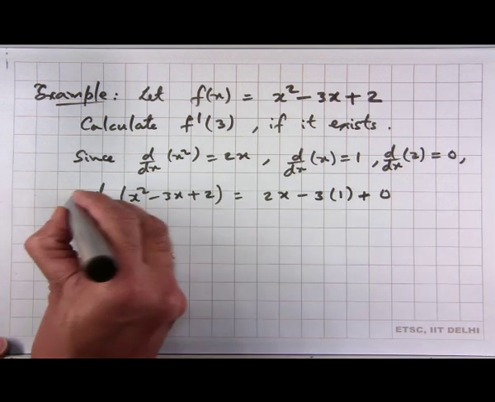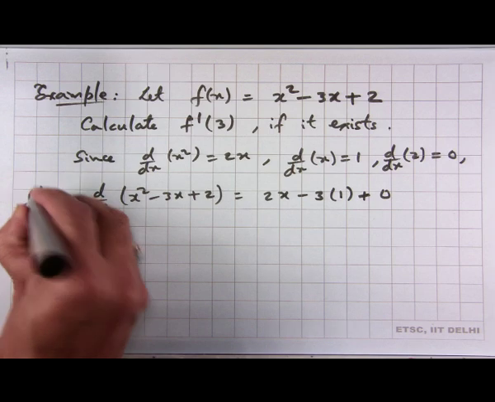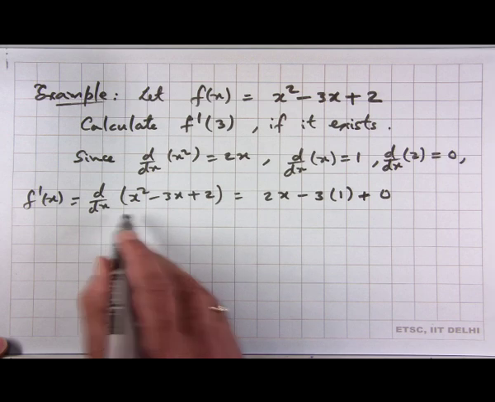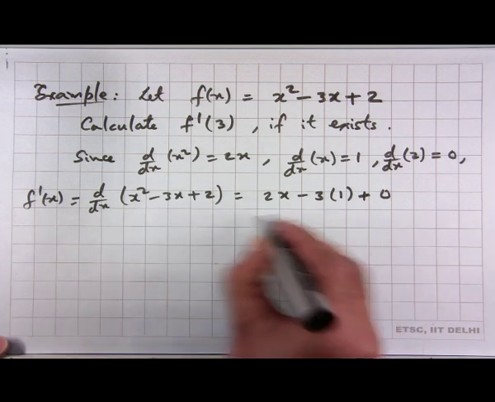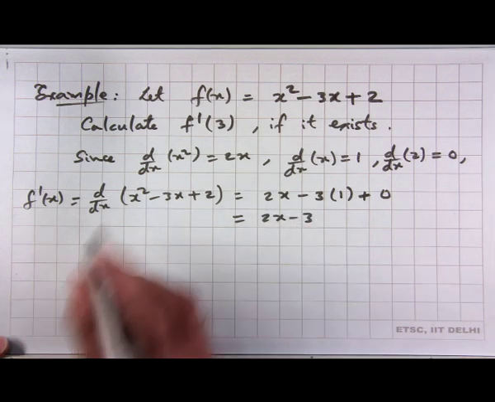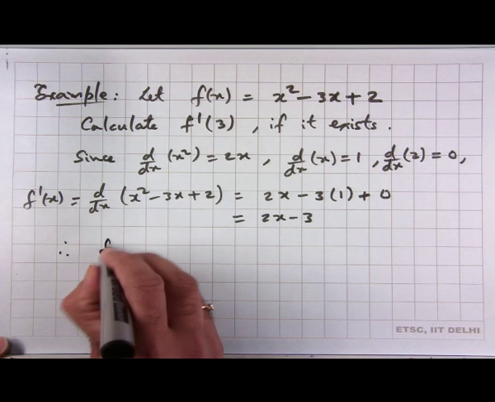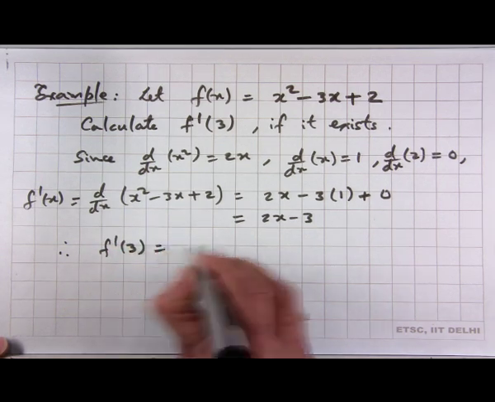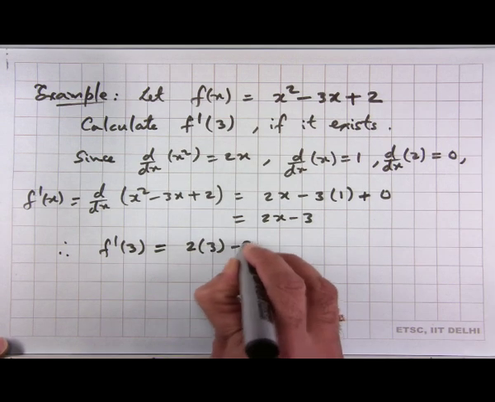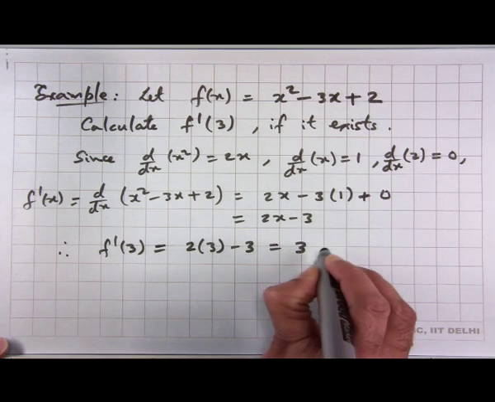So, this is nothing but f prime of x. So, in fact, for any x, the derivative exists and is given by 2x minus 3, and therefore, f prime at 3, you just have to plug in x equal to 3, is 2 times 3 minus 3, which is equal to 3.